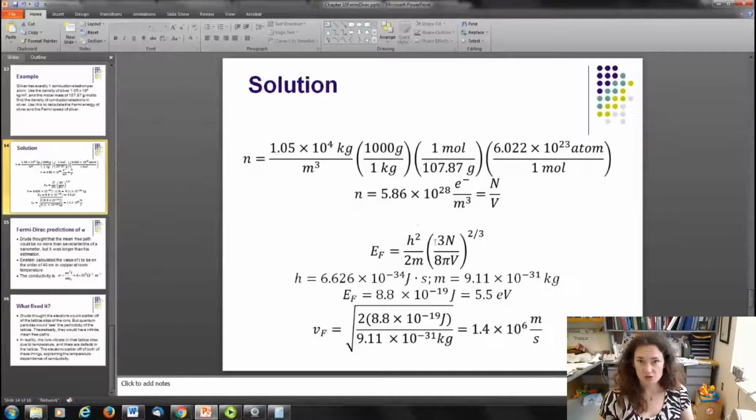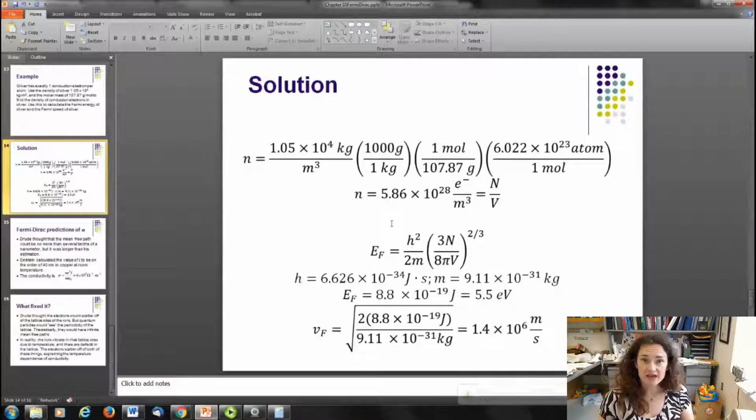You've got h squared, where h is Planck's constant, 6.626 times 10^-34 joule seconds. You square that and divide by 2 times the mass of an electron, 9.11 times 10^-31 kilograms. And then that gives you your Fermi energy, which ends up being 8.8 times 10^-19 joules. If you convert units into eV, that's about 5.5 electron volts. The conversion there is, of course, 1.602 times 10^-19 joules per eV.